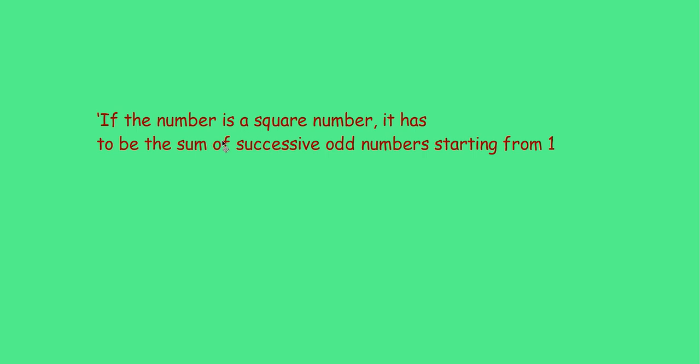That is, if a number is a square number, it has to be the sum of successive odd numbers starting from 1. Now consider the number 36.